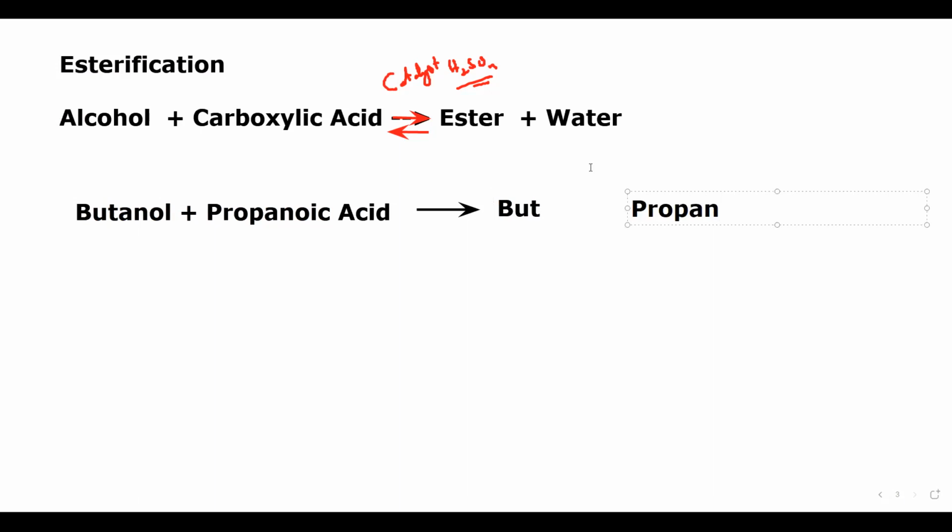So how to complete the name? The part which is coming from the alcohol, put YL, butyl. And the part which is coming from the acid, OATE. So it will be butyl propanoate, plus water as the second product.